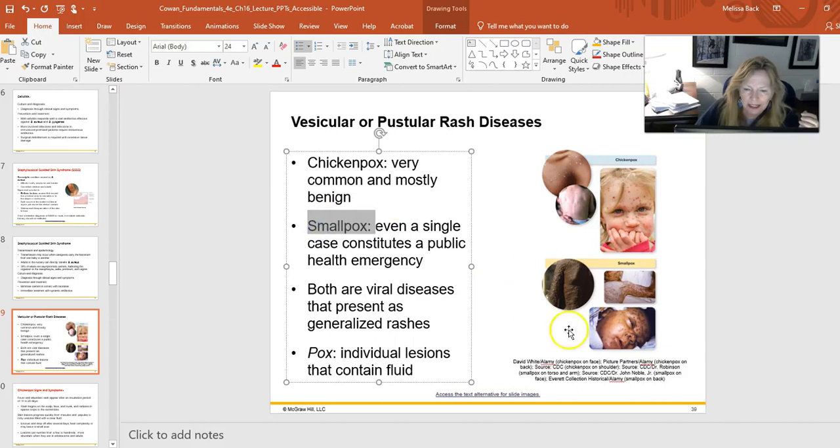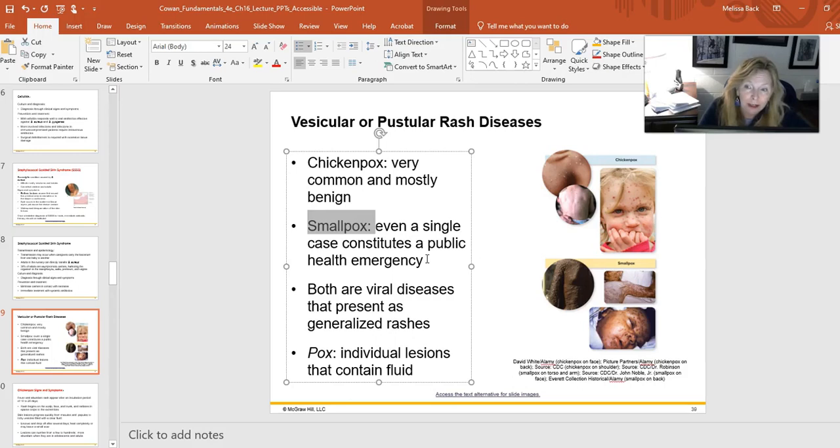Smallpox is a disease that is, if you can see this picture here, a very much worse kind of pox type of illness, but it also has a much higher mortality rate, and it has been eradicated.